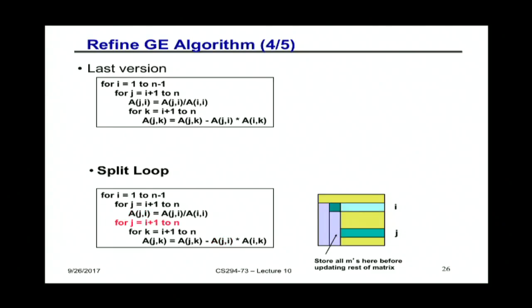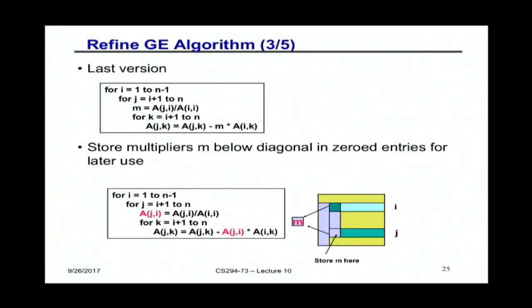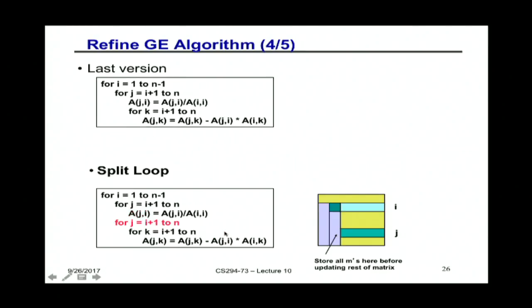Okay, and then you can also split the loop. Another optimization: here you compute the multiplier for each column, and then for each multiplier, you do this update. But in fact, all these multipliers can be computed in a separate loop before you apply the update. So that's what splitting the loop is doing. In this loop, you compute the multipliers for the one column, and in the end, this is going to be the L matrix.